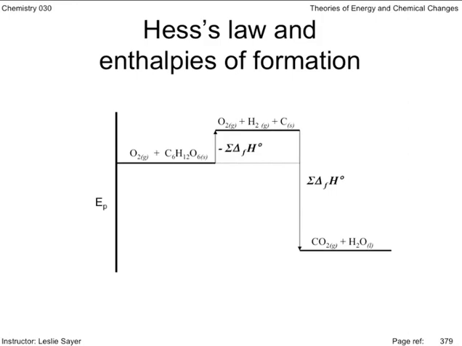And since the energy involved in decomposition is the negative of the enthalpy involved in formation, we can show it as negative sigma delta H formation. We're actually interested in the net energy involved, which is the sum of the enthalpies of formation of the products minus the sum of the enthalpies of formation of the reactants.